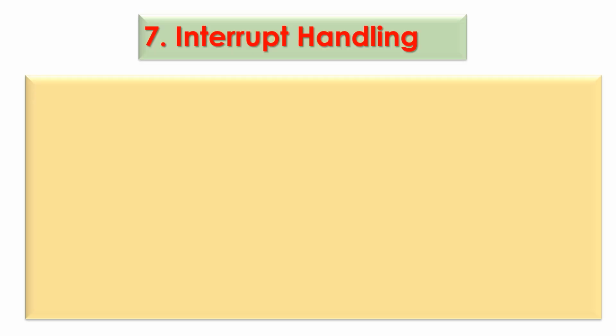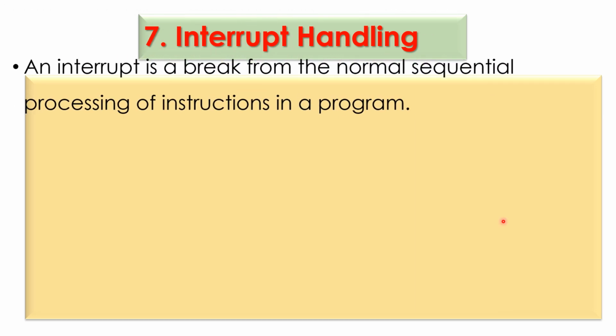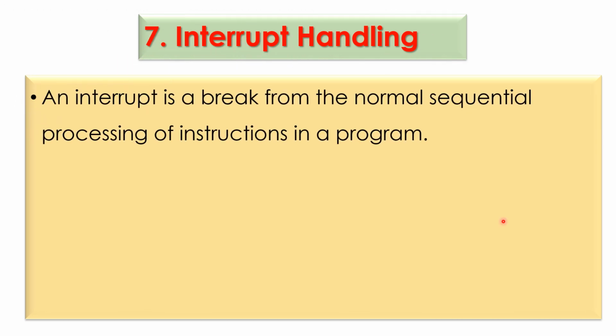Also, interrupt handling. What is this? When we talk of interrupt handling, it is a break from the normal sequential processing of instructions in a program. So there is sometimes an interrupt or a break from the normal order of processing of those operations.